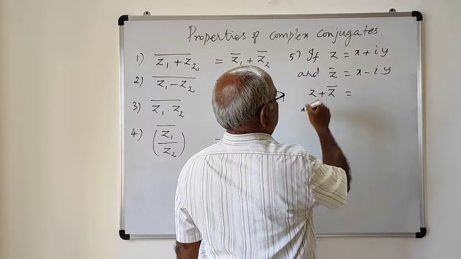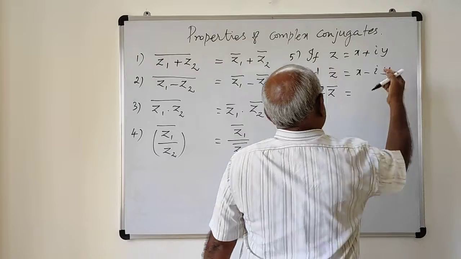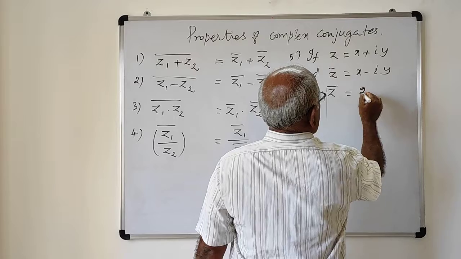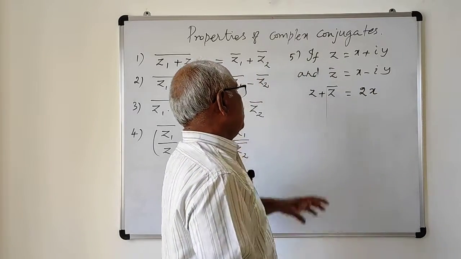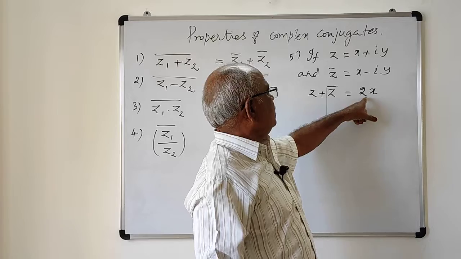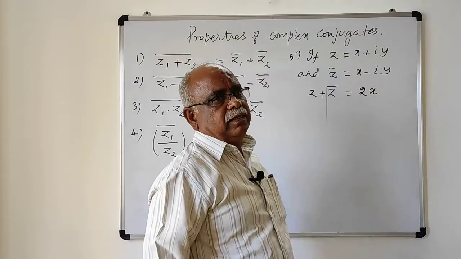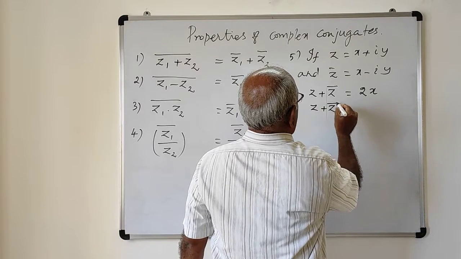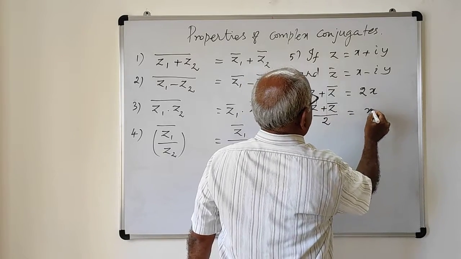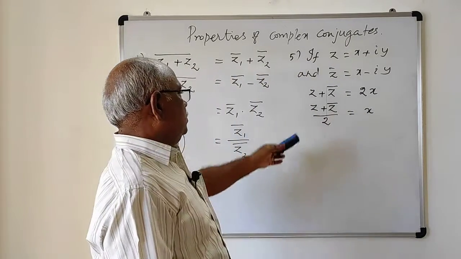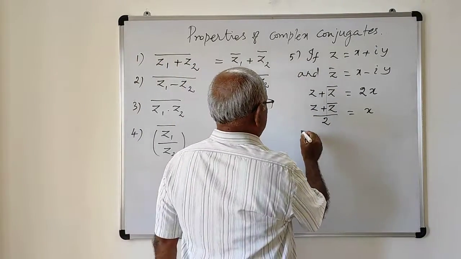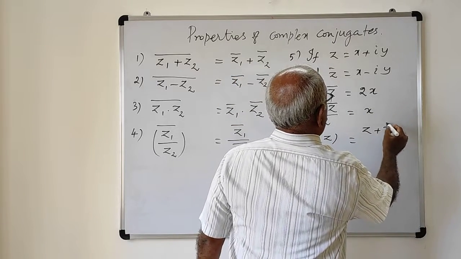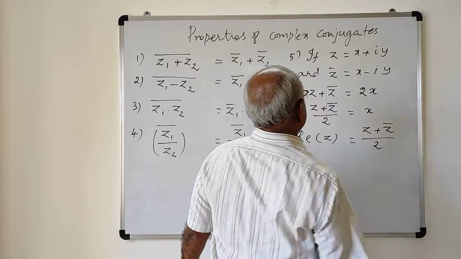The imaginary parts get cancelled, because plus iy minus iy on addition becomes 0, and you get 2x only. On adding these two, x plus x is 2x, and iy minus iy get cancelled. So from this you get Z plus Z bar by 2 equals x. So this is the fifth property, that is, the real part of Z equals Z plus Z bar by 2.